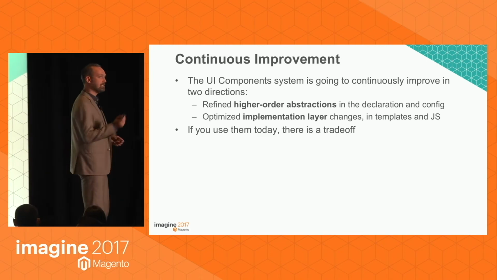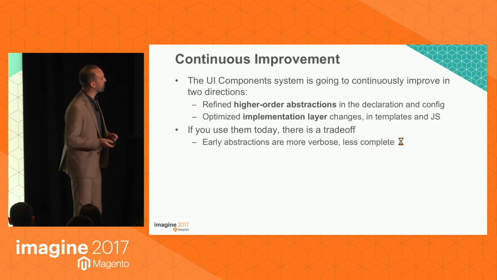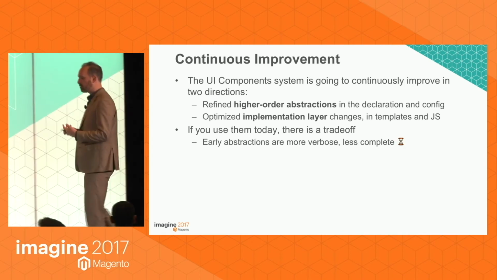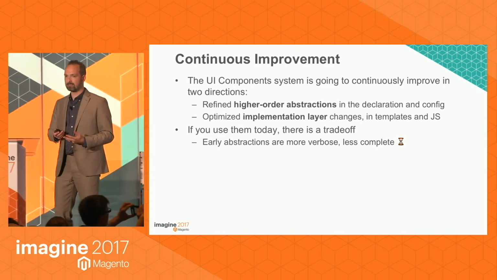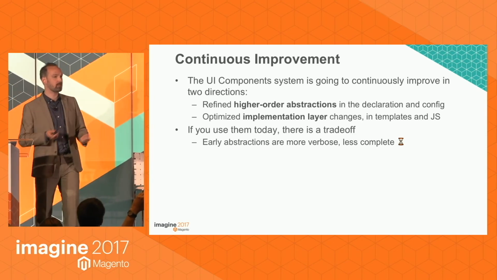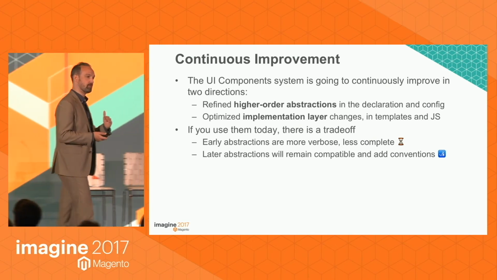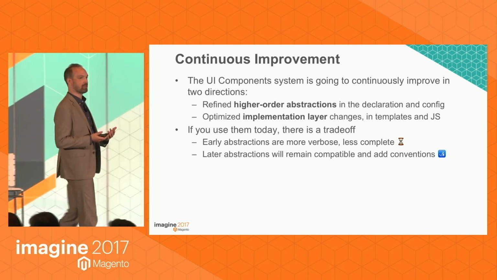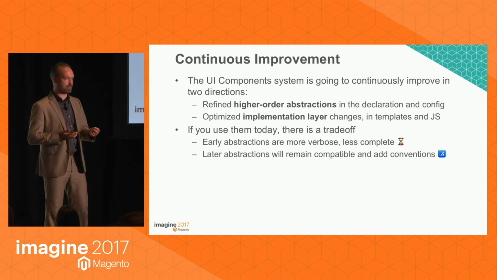And if you use them today, there's going to be a trade-off, but it's not maybe the one you're thinking. The early abstractions that we've made, like all those argument nodes, I think they're more verbose, perhaps, and they're less complete. But also you get extra power and flexibility at the low level. The later abstractions we make are going to build on top of them and remain compatible. You'll get a thing like a data source root node, a data, and that's the child of the data provider node.